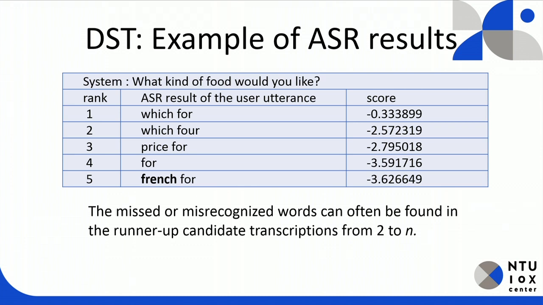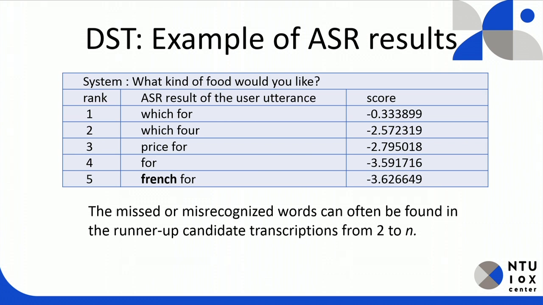So if we can let the DST system, a dialogue state tracking system, exploit all the possible hypotheses, of course, we can get much better results for dialogue state tracking. But how can we achieve that? If the dialogue state tracking system simply takes all the hypotheses as input, then there's a lot of noise in all the hypotheses.